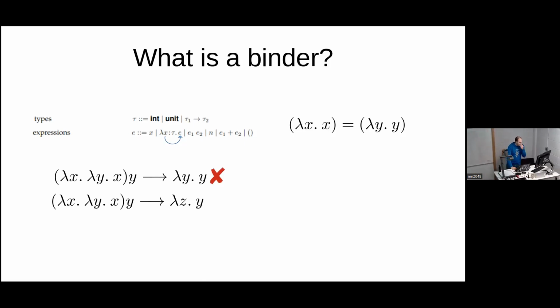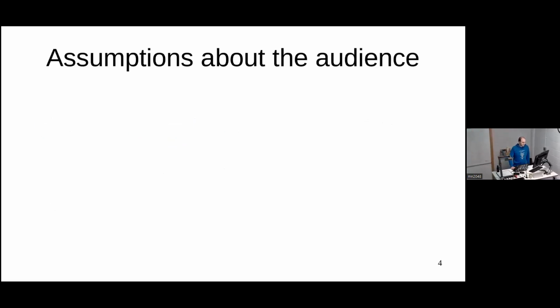So in such a case we need to rename this outer variable, this Y, so it does not capture the new thing we substitute in, and then we get something that has the same structure as before. The goal of the automation is to give you all of that for free, basically, with some nice theorems on top to make proving stuff easier.